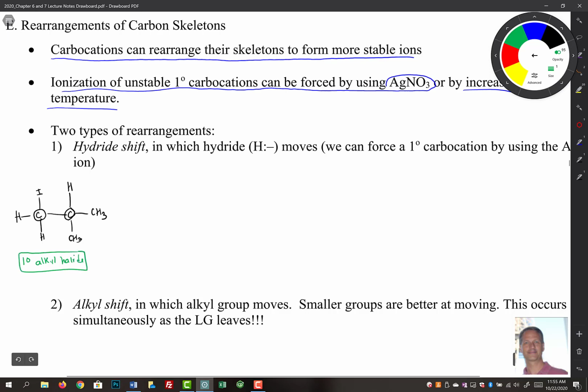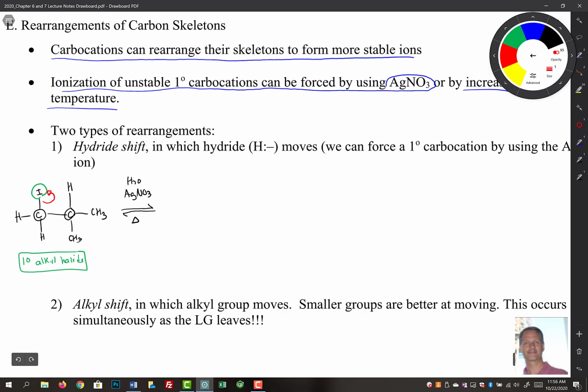And then let's look at our reaction conditions. Let's put in here, how about H2O, and then AgNO3, and then remember that little triangle means we'll heat it up. Now, the first step, as we have seen before in an SN1 reaction, is that we are going to boot off the leaving group.